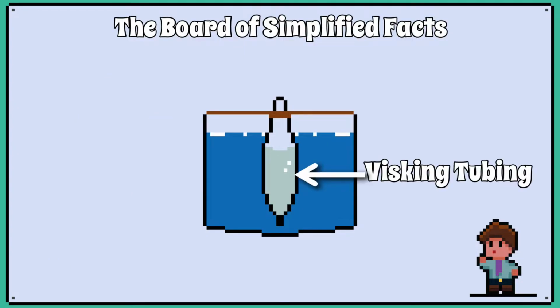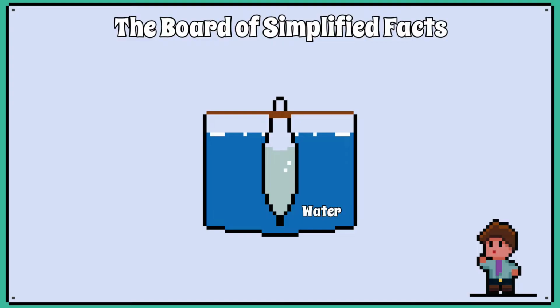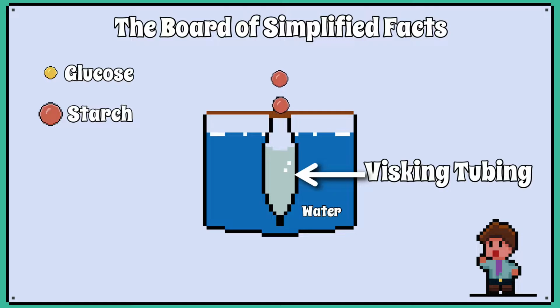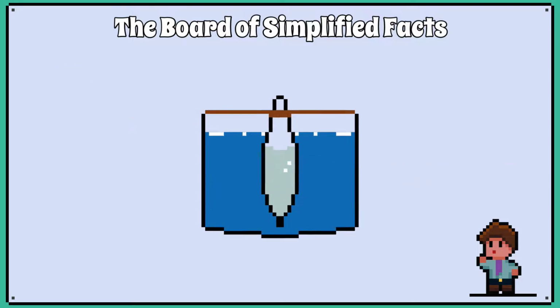But simply, if you surround the whisking tubing with water and place glucose, a small molecule, inside the whisking tubing, the glucose will diffuse out into the surrounding water because the glucose particles can fit through the small pores of the whisking tubing. If you put starch, a large molecule, inside the whisking tubing, you will see no starch in the surrounding water because starch molecules are too big to fit through the pores of the whisking tubing.